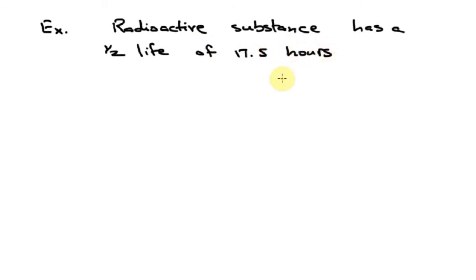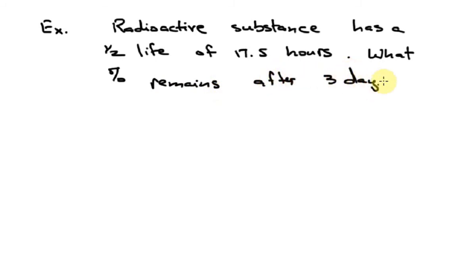So what that means is every 17.5 hours, it's lost half of its radiation, or it's kind of like it's half as hot as it used to be. So now comes the question, what percent remains after 3 days?